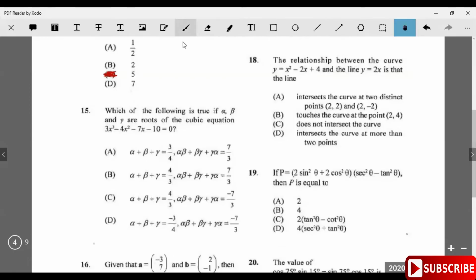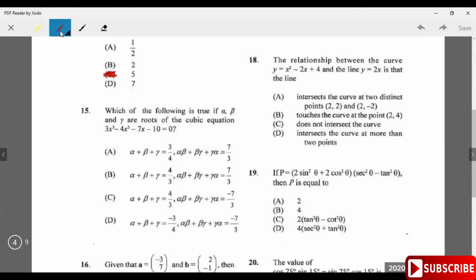Question 15. Now, question 15 is asking us to find alpha plus beta plus gamma. Alpha plus beta plus gamma is minus b over a. So it is 4 over 3.